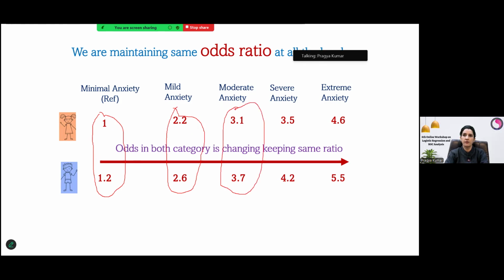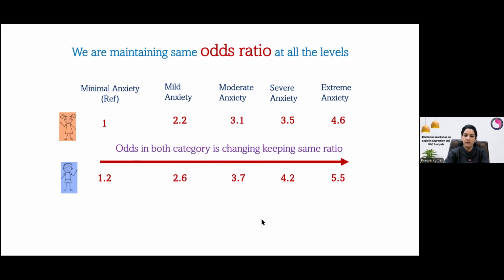Then 3.7 and 3.1, so you have to do 3.7 divided by 3.1. And then 4.2 by 3.5. I think roughly it will be 1.18, let me do this.